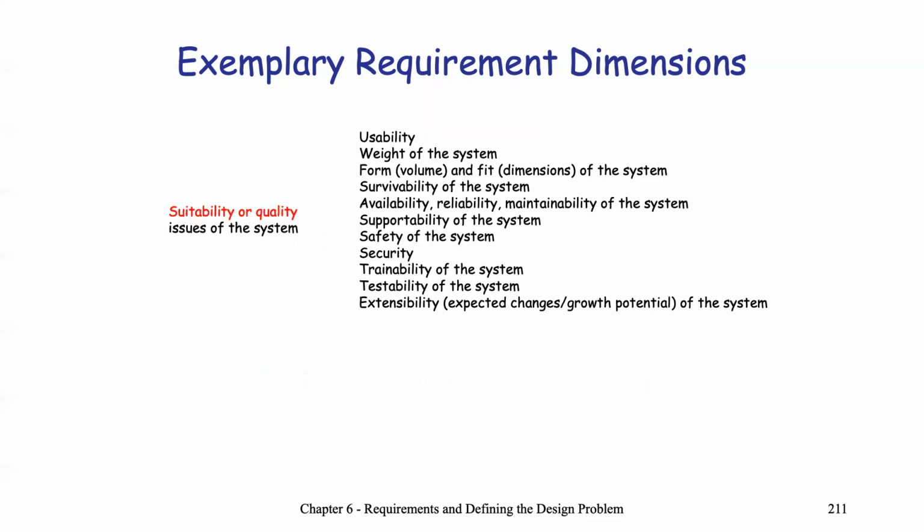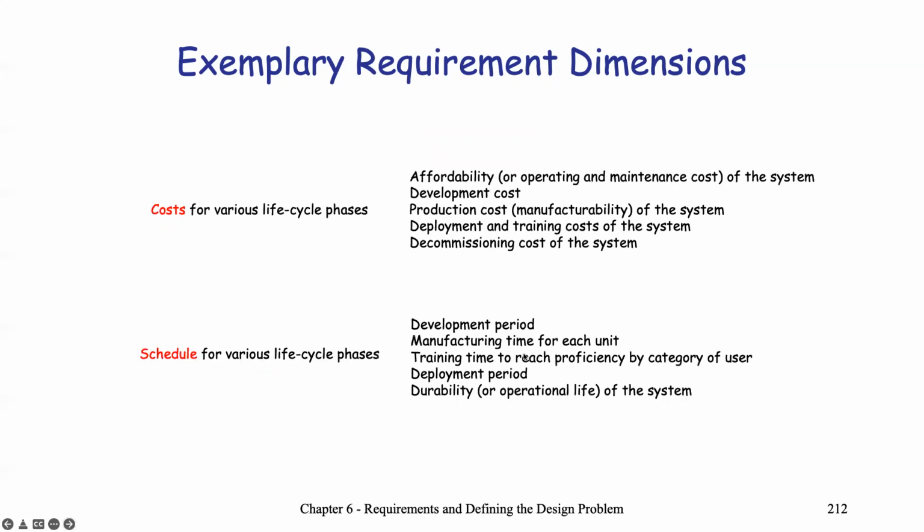And then continuing on, suitability or quality issues of the system. There's a variety of different things that we're listing here. Sometimes I've heard the term the illities. You can see availability, survivability, supportability, trainability, testability, extensibility. So all of these are quality measures that we want to be considering.